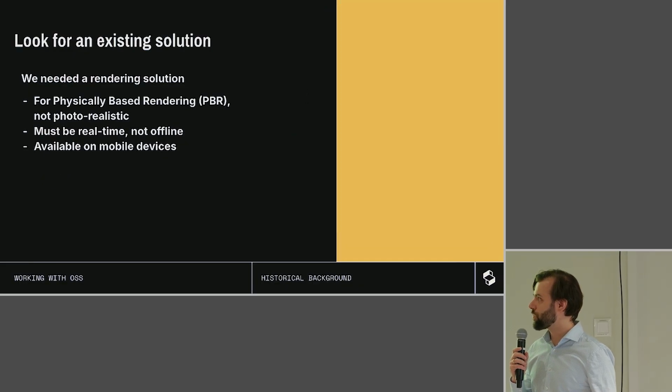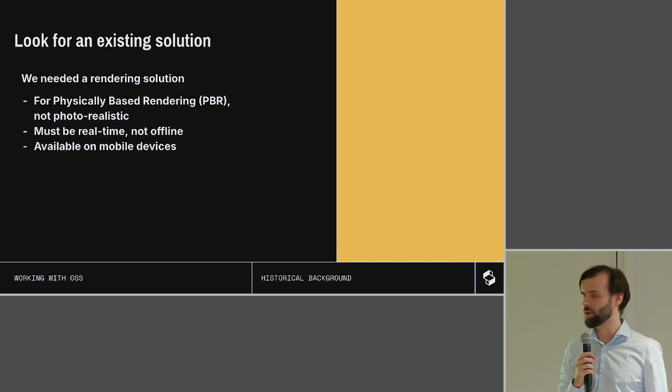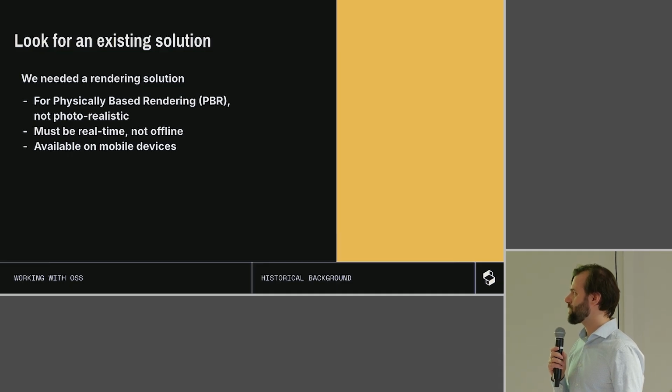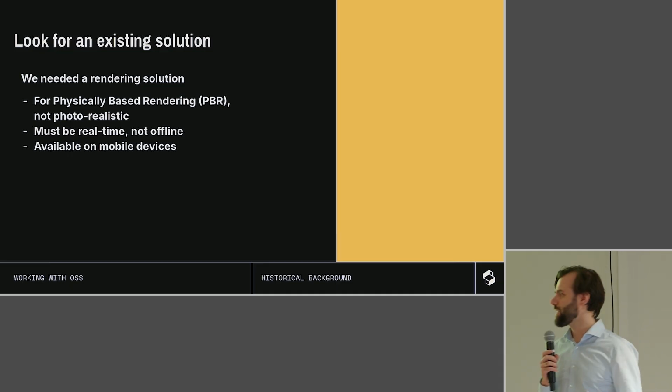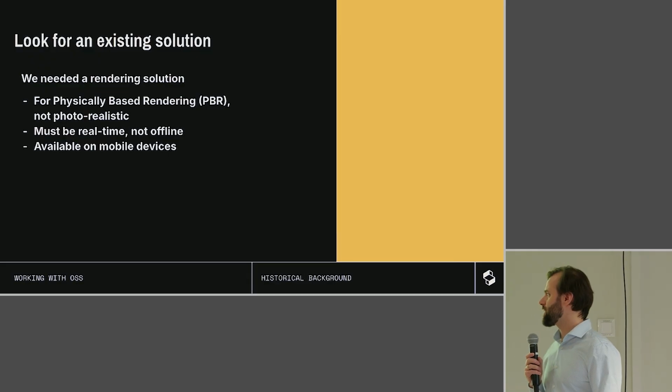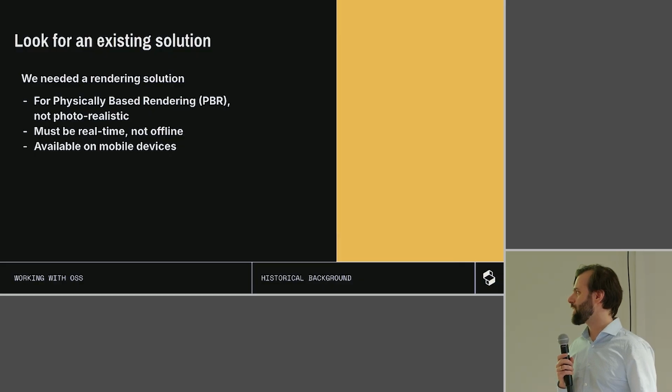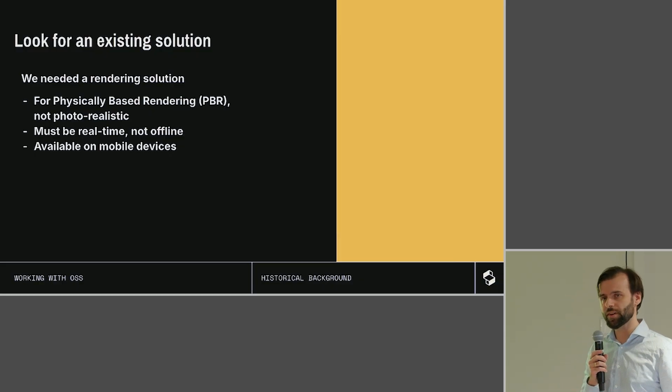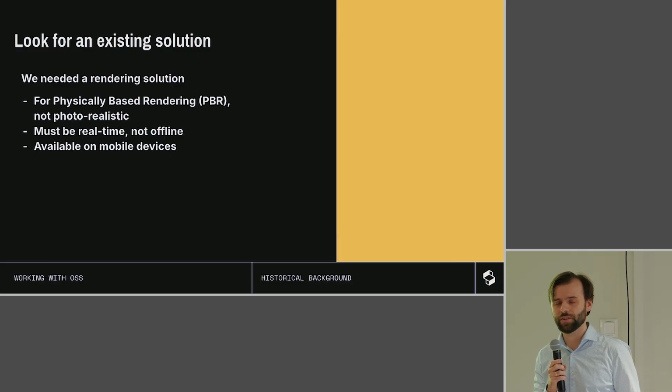So we started looking for an existing solution for our problem, and we knew that we wanted something real-time, something fast. So we could make some trade-offs around visual fidelity. It doesn't have to be photorealistic. We resorted to something that's very often used in modern video games.